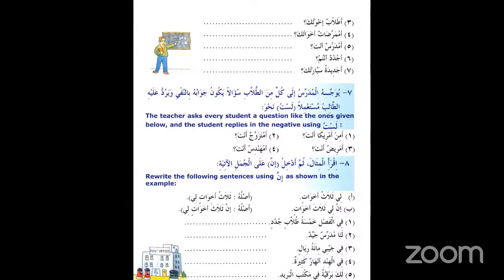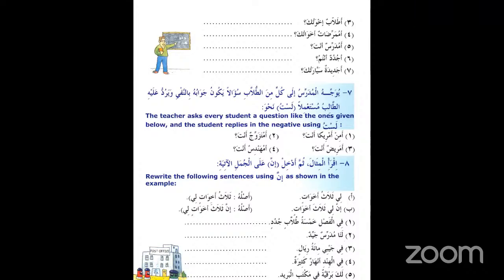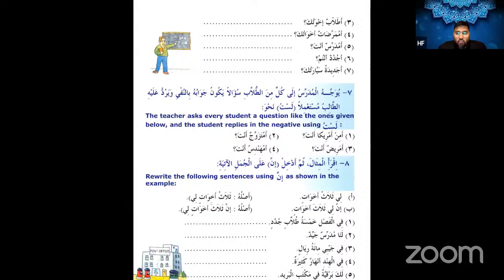La lastu bimaridatin, correct, because you're female. Number 4, Muhandisun anta. La ana lastu bimuhandisin. Bimuhandisatin if female. Correct. Ana lastu bimuhandisatin.